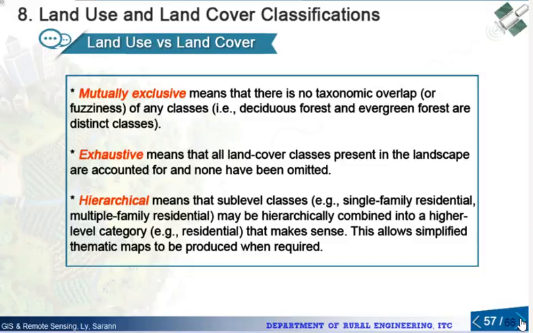They are also hierarchical, meaning that the sub-level classes, for example, single family residential and multiple family residential, may be hierarchically combined into a higher level category. For example, into a residential class. That makes sense. This allows a simplified thematic map to be produced when required.